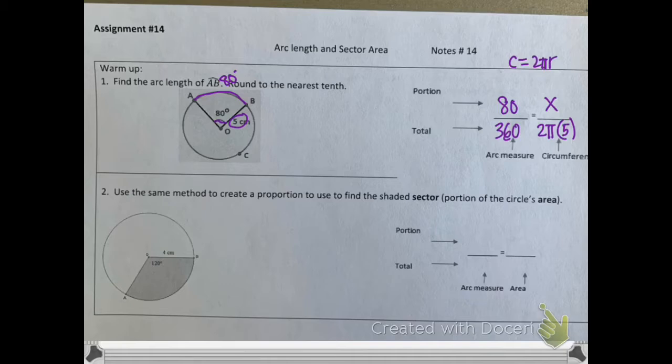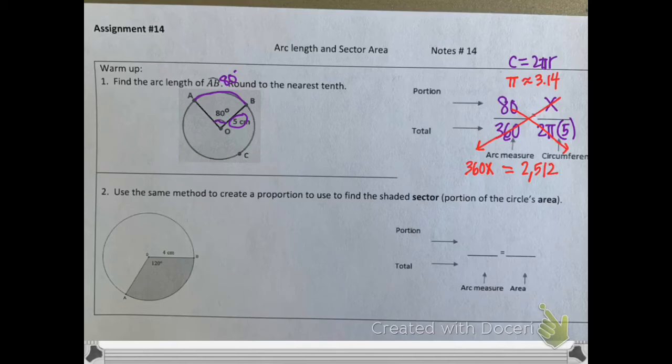So from here, we're going to cross multiply. 360 times x is 360x, and that's equal to, we're going to be multiplying these four numbers together. Remember pi, we're going to use approximately 3.14. So I'm going to grab my calculator and multiply 80 times 2 times 3.14 times 5, and I get 2,512.